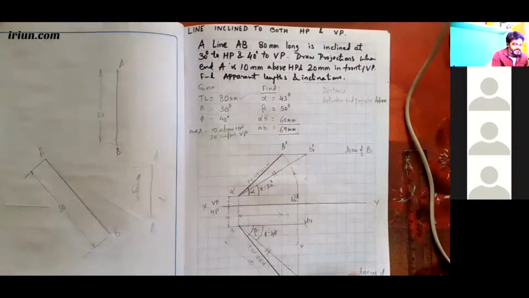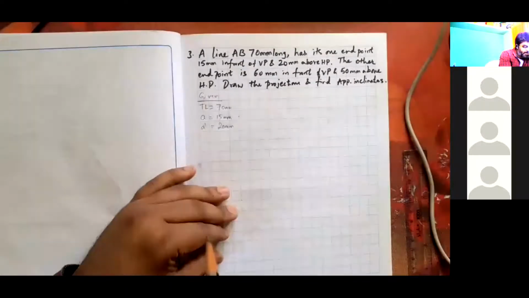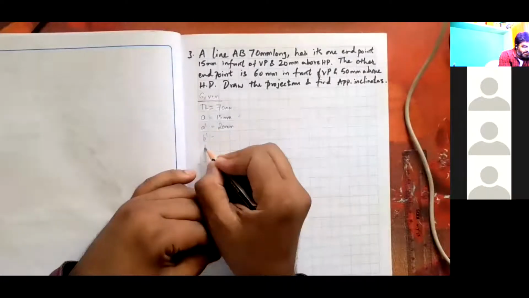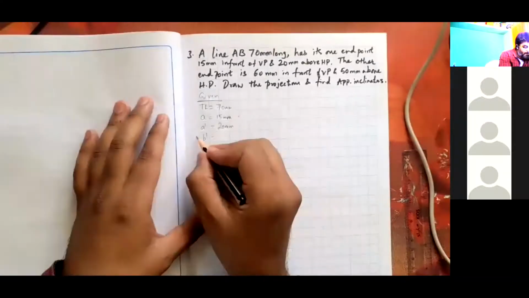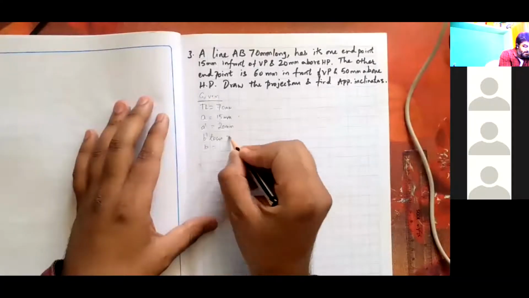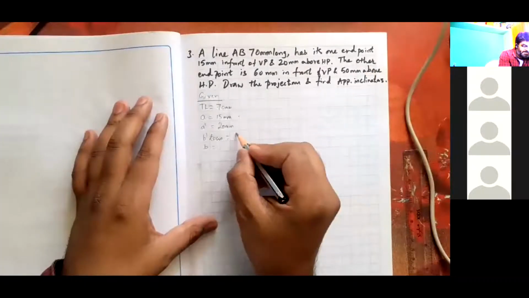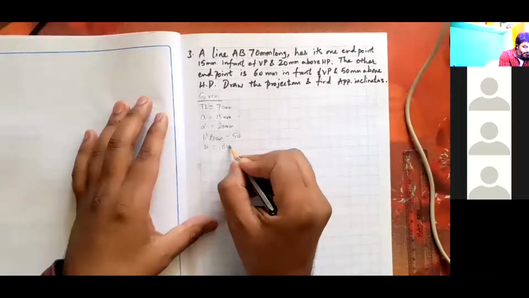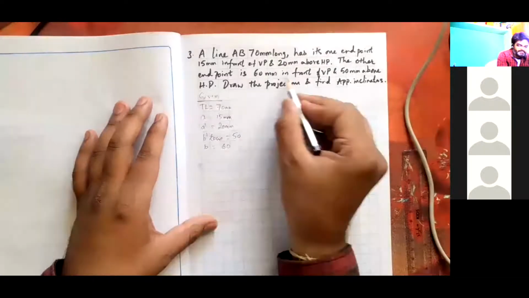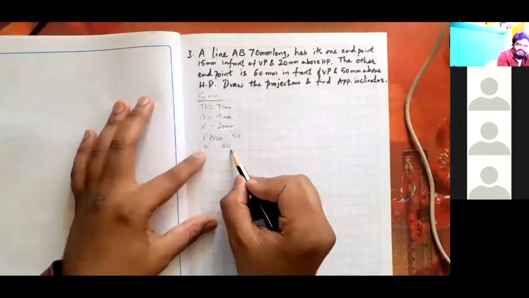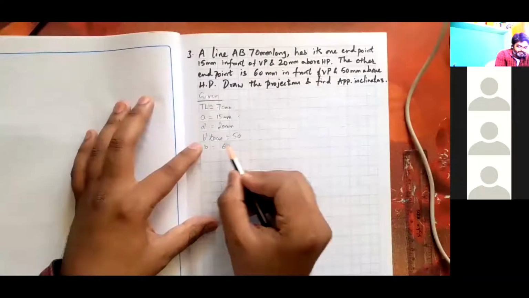This distance is given, so I can write it down as B dash and B position without angles, and I can say B dash locus is 50 mm and B locus is 60 mm. 60 mm in front of VP can be represented on the horizontal plane, and similarly 50 mm above HP can be represented on the vertical plane. So B dash locus is somewhere here, and B locus is somewhere here.